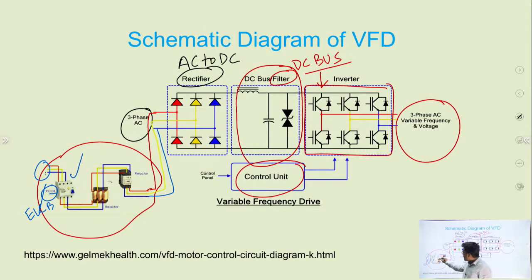And there is a reactor. What is the function of the reactor here? Basically, one of the disadvantages of a VFD circuit is that, in case of using a VFD circuit, there is a chance that harmonics will be generated in the circuit, due to the switching of the rectifier and the switching of the inverter.